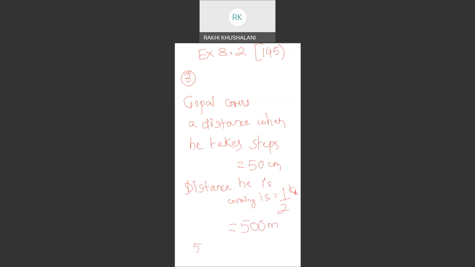And 500 into 100 is equal to 50,000 centimeter. Now, why centimeter?